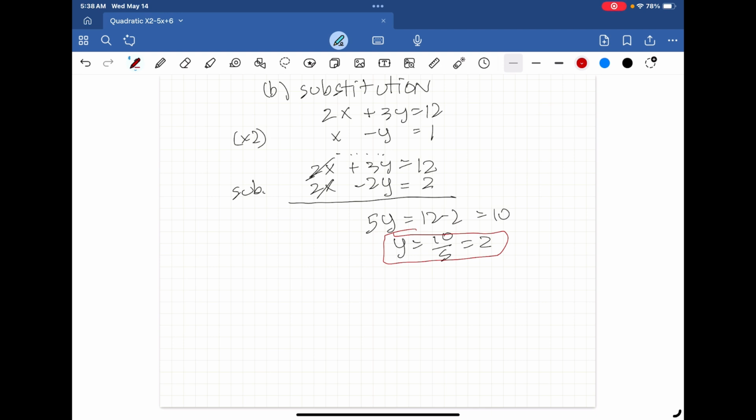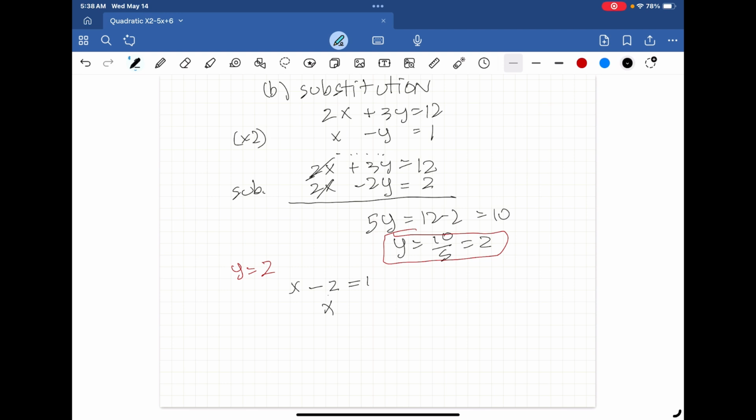Now we're just going to essentially use substitution again. So we know y is equal to 2. Putting that in the second equation, we get x minus 2 is equal to 1.